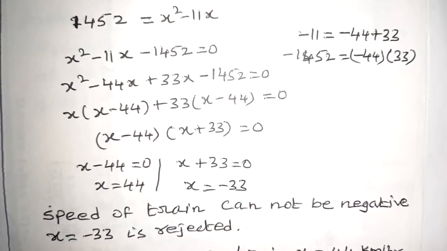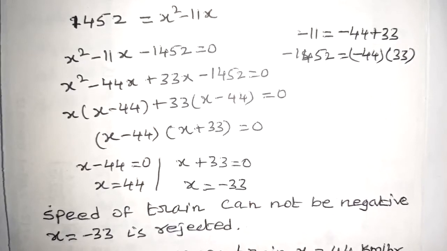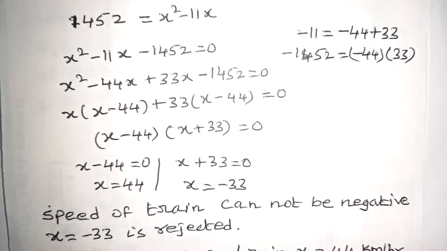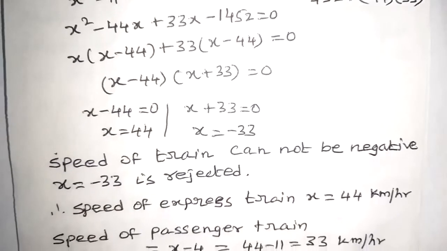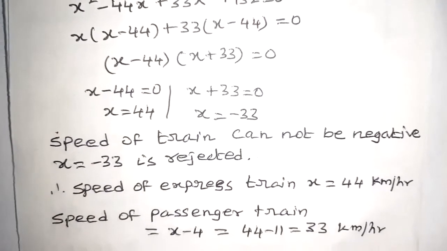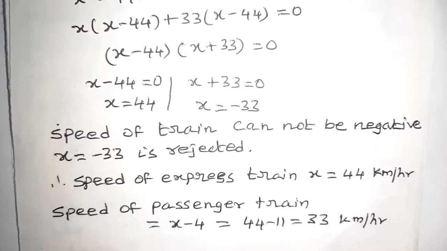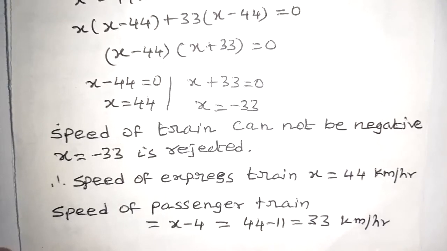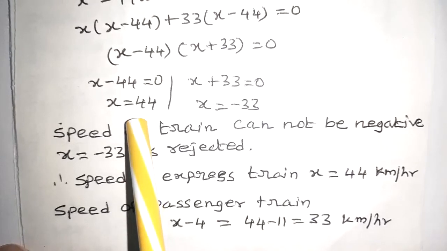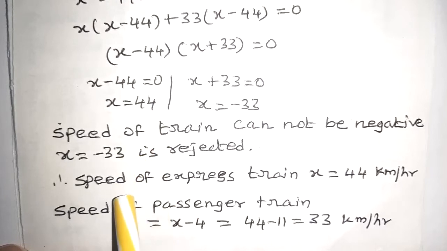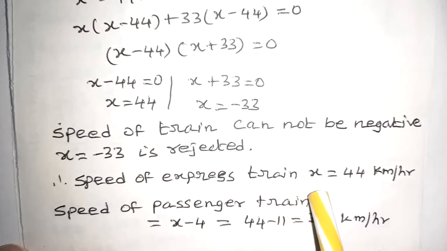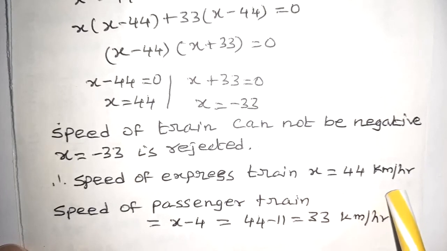But the speed of a train cannot be negative. So we reject x equal to minus 33. Now we consider only positive value x equal to 44. That is speed of express train is 44 kilometers per hour.